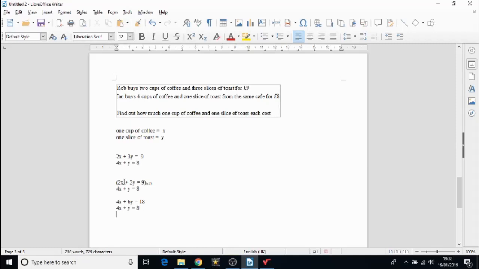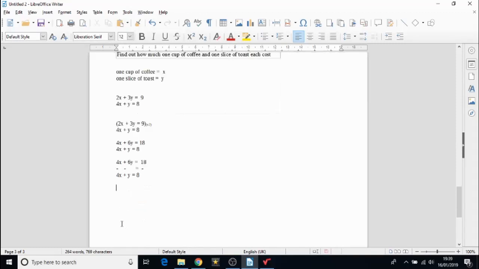So now we can eliminate the 4x by subtracting them from each other. But what you do to one term, you must do to all the other terms, as I've mentioned in both questions. So 6y, 18, minus 4x plus y is 8.